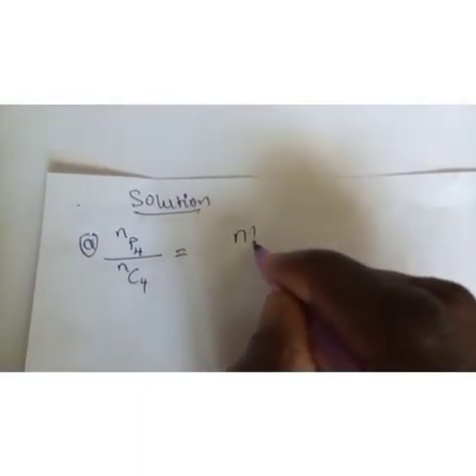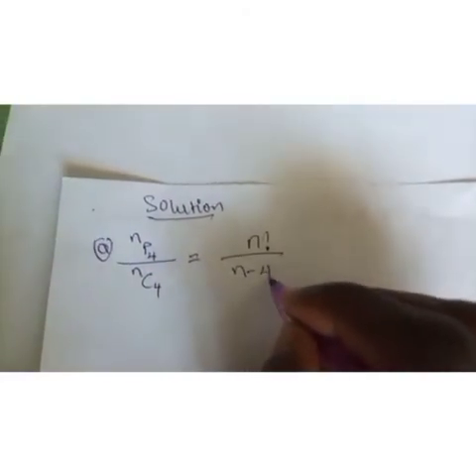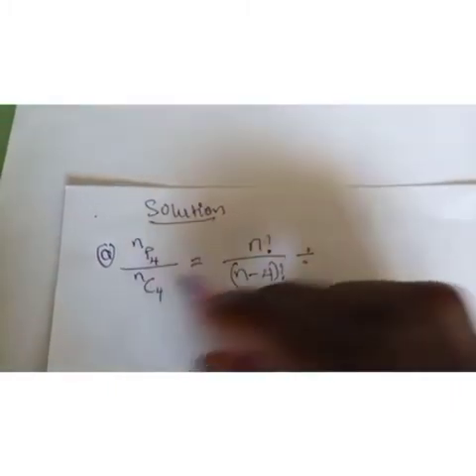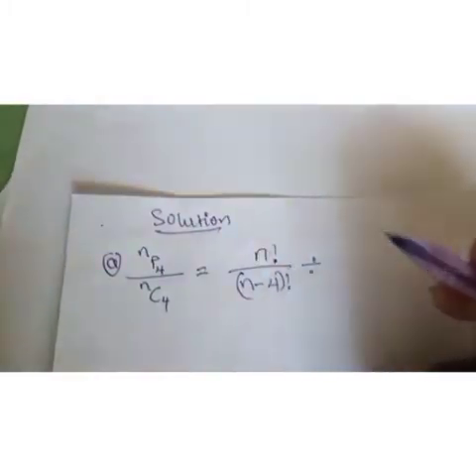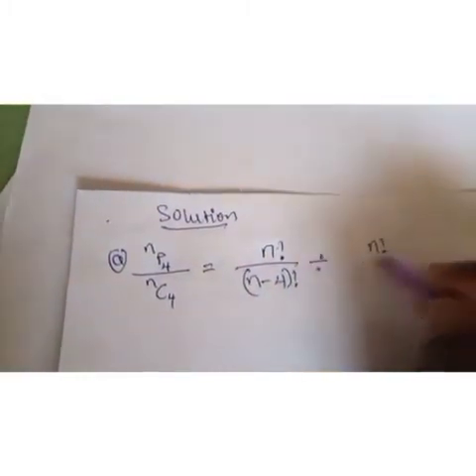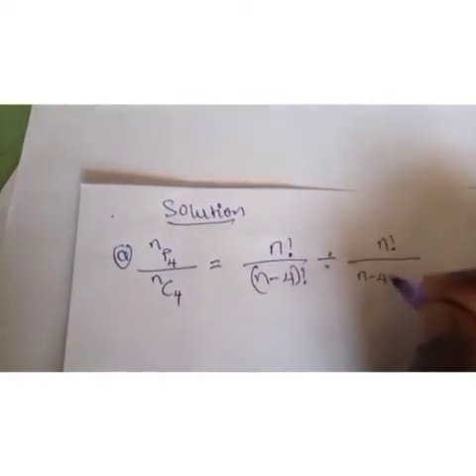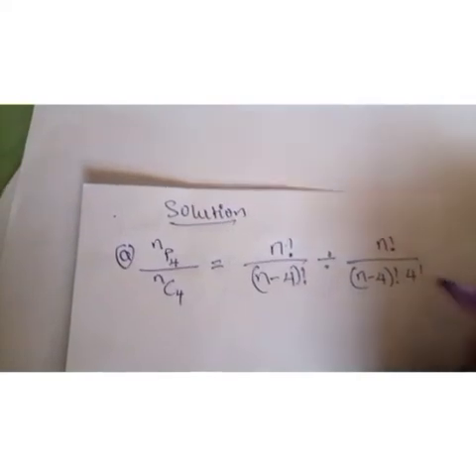n permutation 4 is n factorial all over n minus 4 all factorial. Divide by n combination 4, which is n factorial all over n minus 4 all factorial, then 4 factorial.